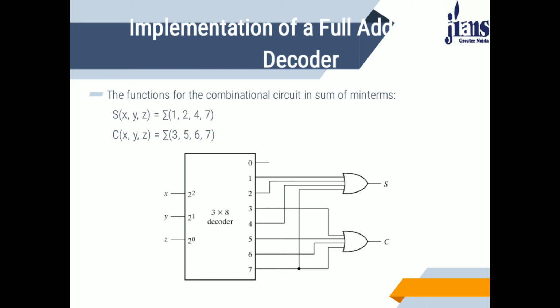This is the way we can implement a full adder using a 3x8 decoder. Why are we using a 3x8 decoder? Because for a full adder 3 input lines are there, A, B and C in. So 3 inputs are required to make 8. Using a decoder we require a 3 into something decoder, so it is actually a 3x8 decoder.